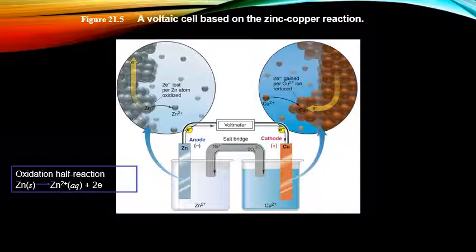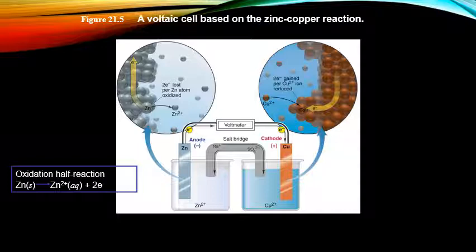You're actually going to find that the copper is going to plate on itself. So for the half reaction that's occurring at the anode, I would have the Zn as a solid going to Zn2+ and 2 electrons. I would have at the cathode the copper 2 ions in the solution plating onto the copper metal as more electrons come in and forming neutral copper atoms.